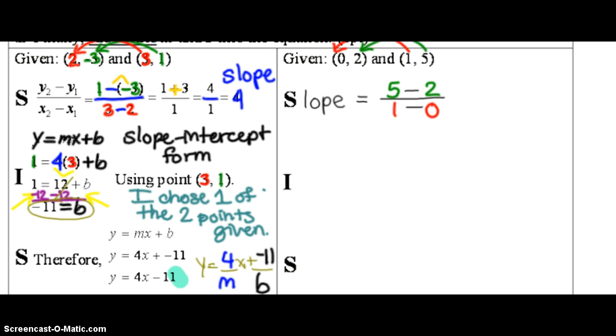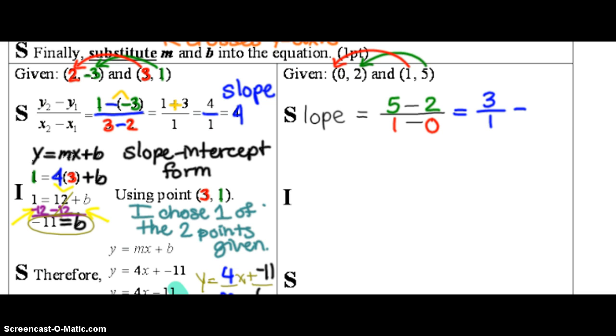Notice I'm taking the difference of the y's, 5 minus 2. So I start with the last value minus the second value, and I get a difference of 3. 1 minus 0 is 1. I can simplify. Instead of using 3 over 1, I can simplify it to just 3.